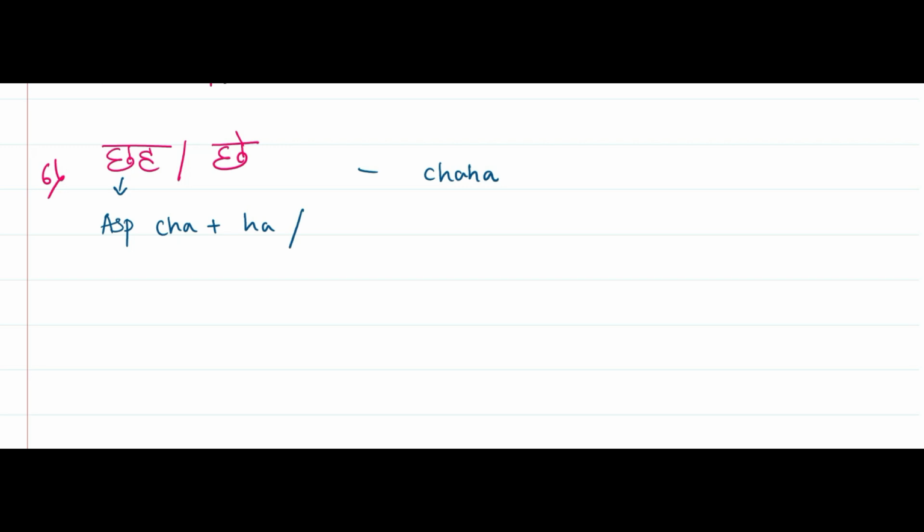But also you can say it as aspirated ch plus a matra. So it becomes che. So you can say it either way. So it depends upon the region where like chah is said and where che is said. So chah is mostly said in like books, and che is like mostly used in a conversational type of thing. So next one.